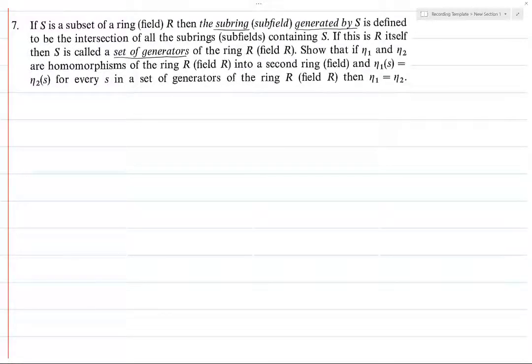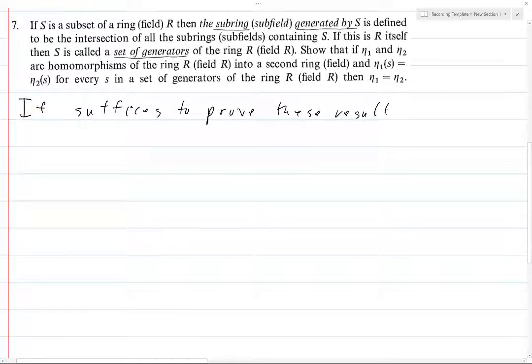All right, so now we're introducing some new definitions and then proving things using these definitions. So it suffices to prove these results for rings, because let me just verify.